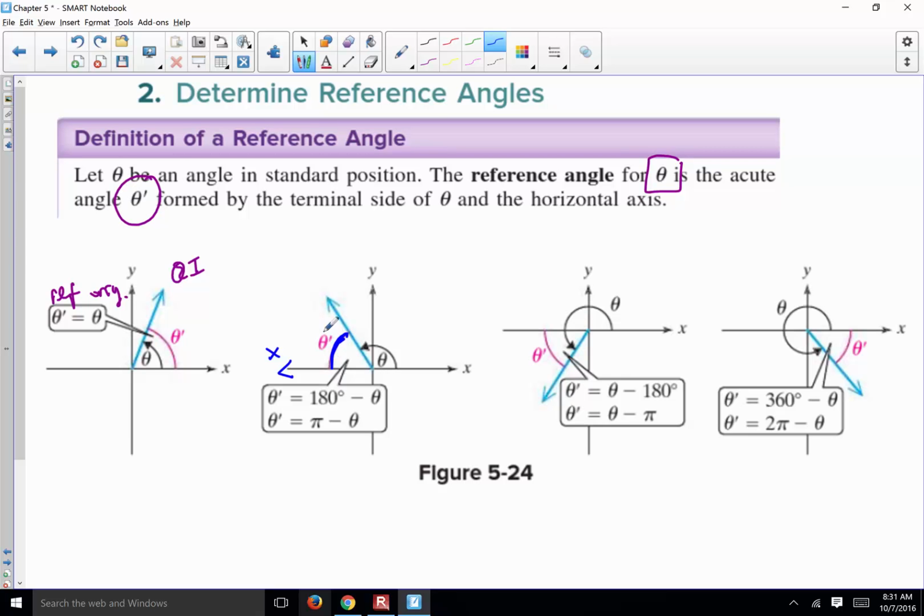So the reference angle is this gap, and you find it by subtracting the original from 180. Such as if you have 150 here, I compute the reference angle by subtracting it from 180, which is 30.